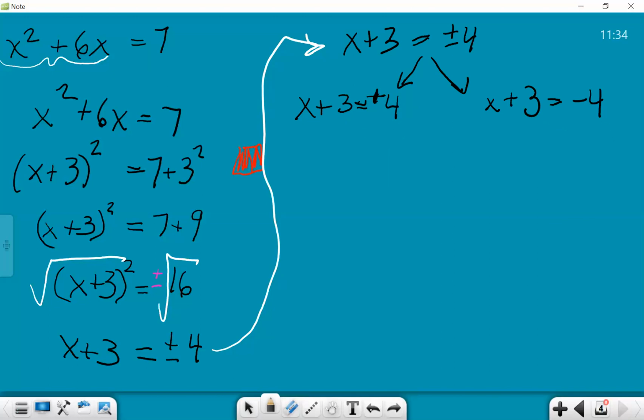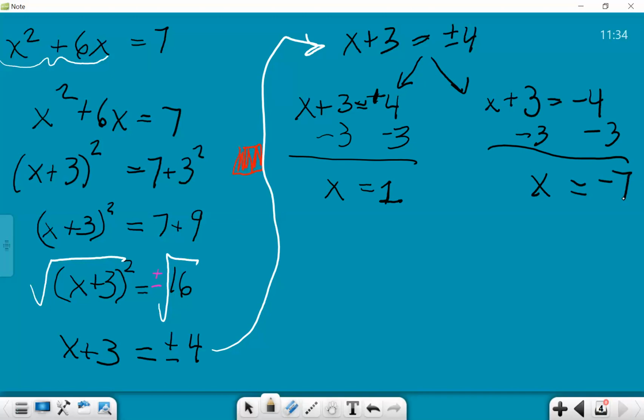I'm going to subtract 3. To get over here, x equals positive 4 minus 3 gives me 1. So one of my two solutions is x equals 1. For the other, subtract 3 from both sides to get that my other solution is x equals negative 7. But that's perfect because this is a quadratic equation. I know it can have up to 2 solutions, and here they are. x equals 1 and x equals negative 7.